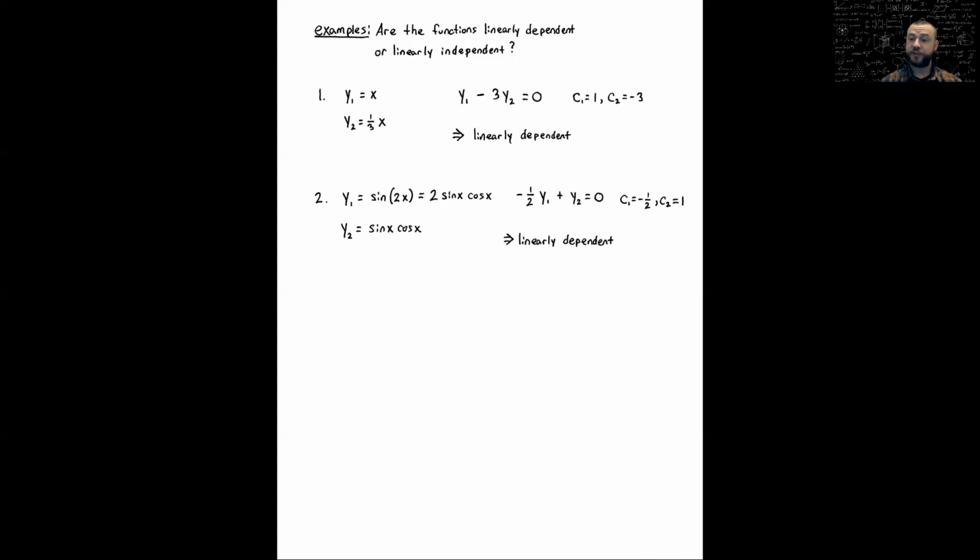And that would mean then, since there exist non-zero constants such that their linear combination equals 0, these two functions are linearly dependent. And again, what that means, if functions are linearly dependent, that means they're basically the same. And here, it was your trig identities that kind of determine that.